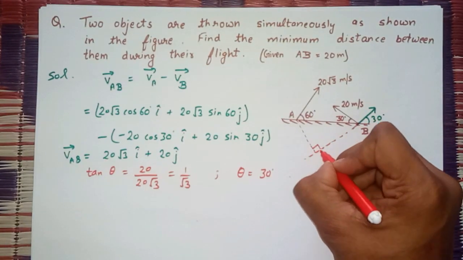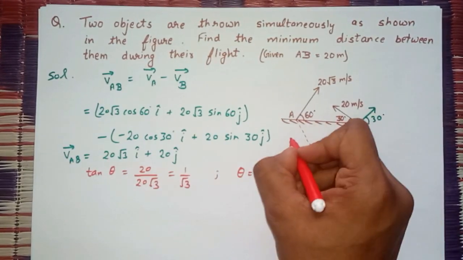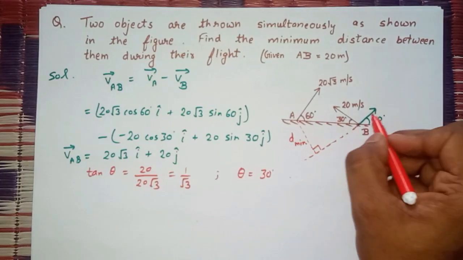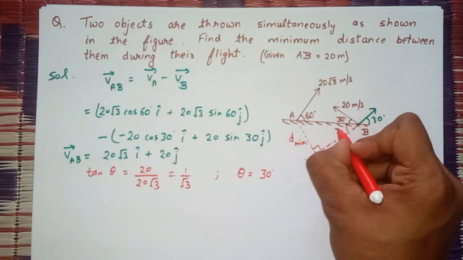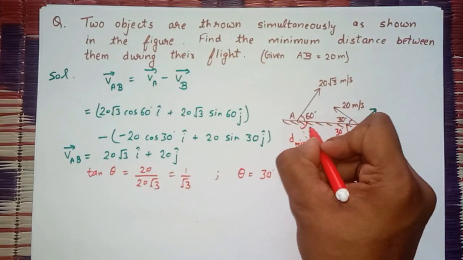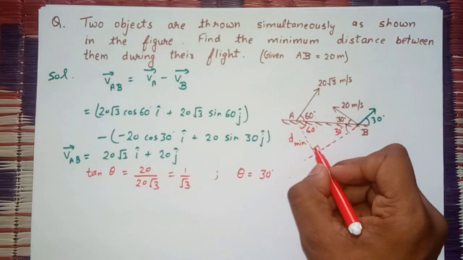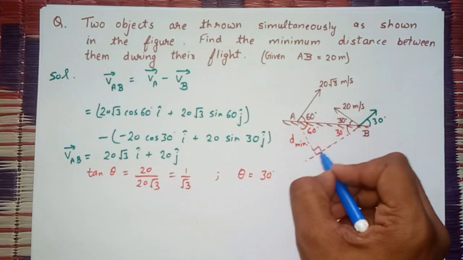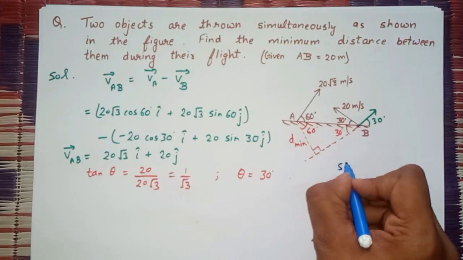I am extending this line and this line. As in the previous question, this one will be the D minimum. And if this angle is 30 degrees, then this angle will also be 30 degrees and this angle will be 60 degrees, as it is 90 degrees. So for this triangle, I am taking sine 30 degrees.